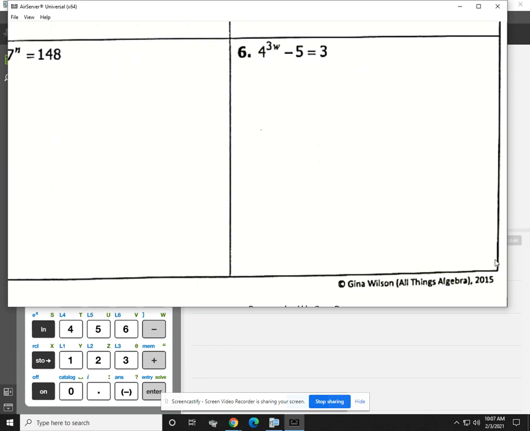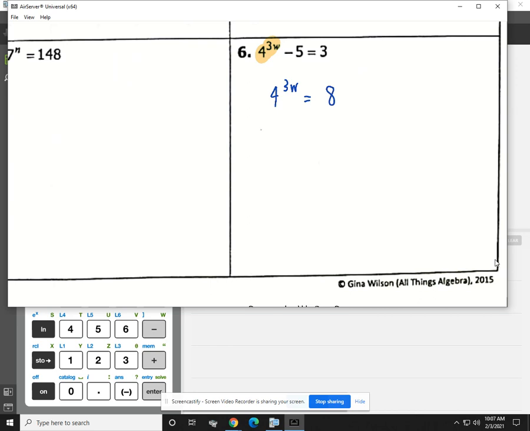Okay, here's what I want you guys to do first. What's your exponent? Number 6. Oh, 3w. And what is its base? 4. Okay, is that isolated? No. There is something this time that needs to move. What? Got to move that minus 5. How? We're going to add 5 to the other side. So 4 to the 3w will equal what?